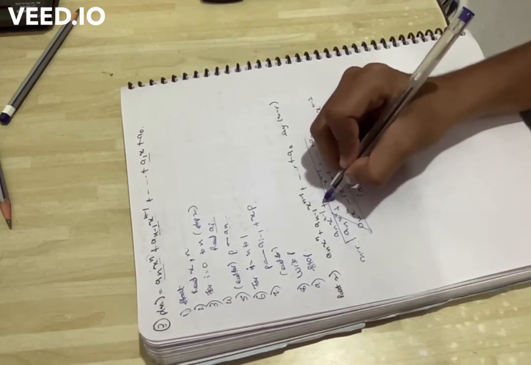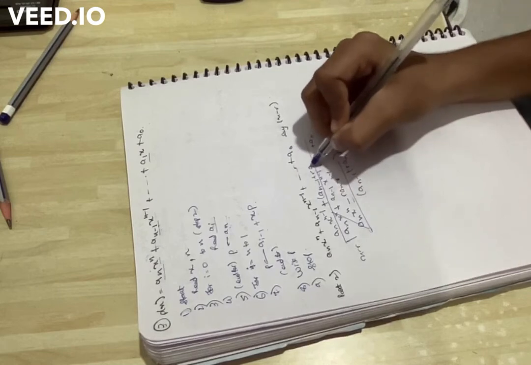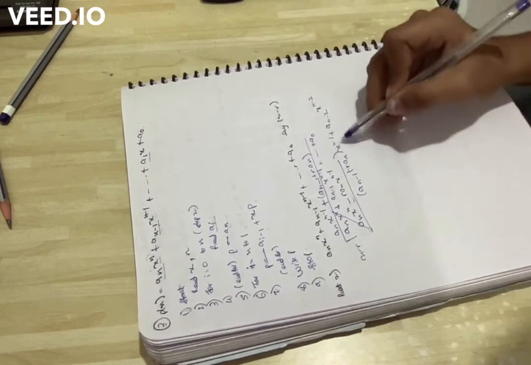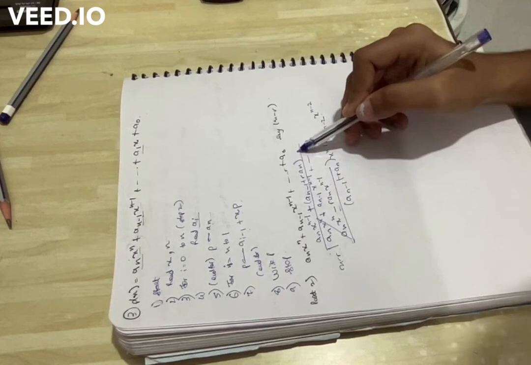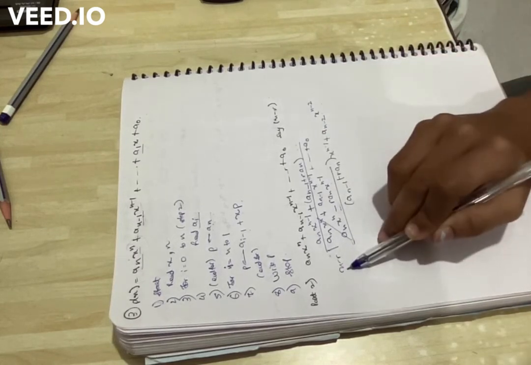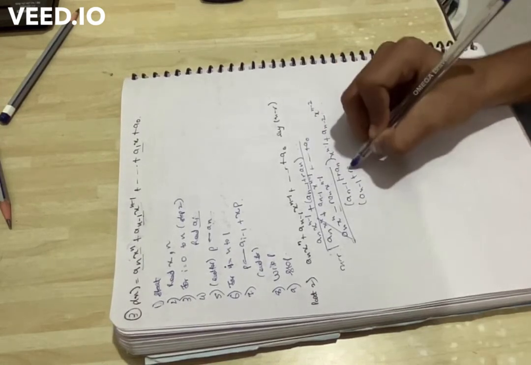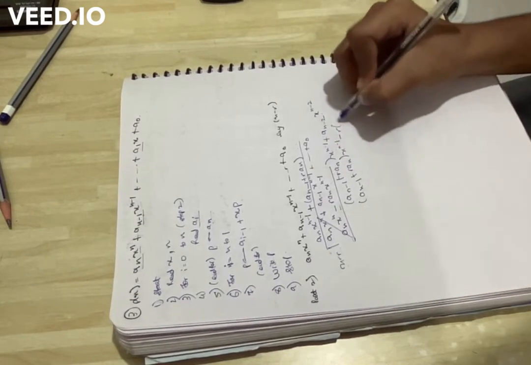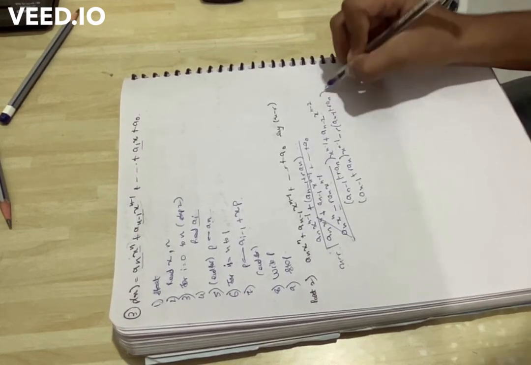Another term will be a of n minus 1 plus r a of n, which will be taken from here to eliminate all the values that are present here, and we put this term out here, which when multiplied by x minus r will give us a of n minus 1 plus r a of n into x raised to the power n minus 1 minus r times a of n minus 1 plus r a of n multiplied by x raised to the power n minus 2.